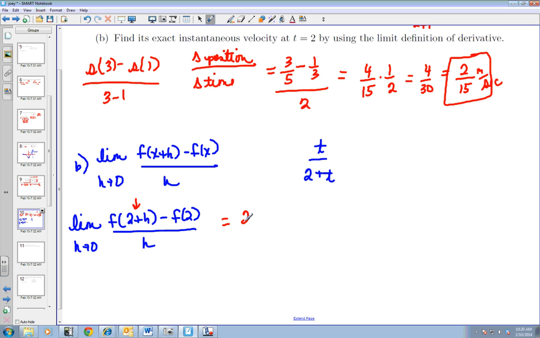So I have 2 plus h over 2 plus t, but t is 2 plus h, minus, so that's this part. Now I'm going to find f of 2. That means plug 2 into these. 2 over 2 plus 2, and that whole thing is over h.